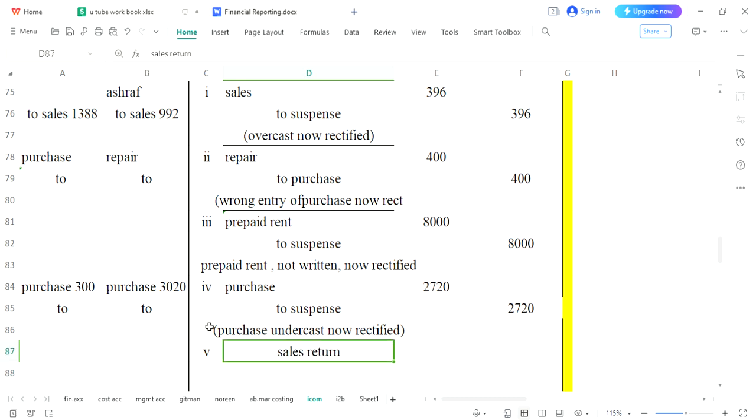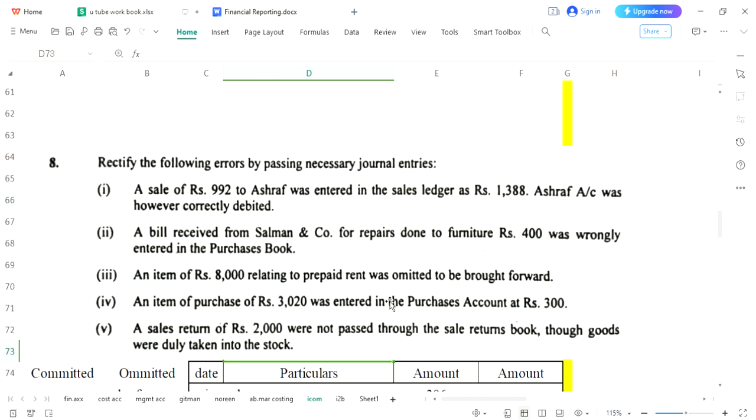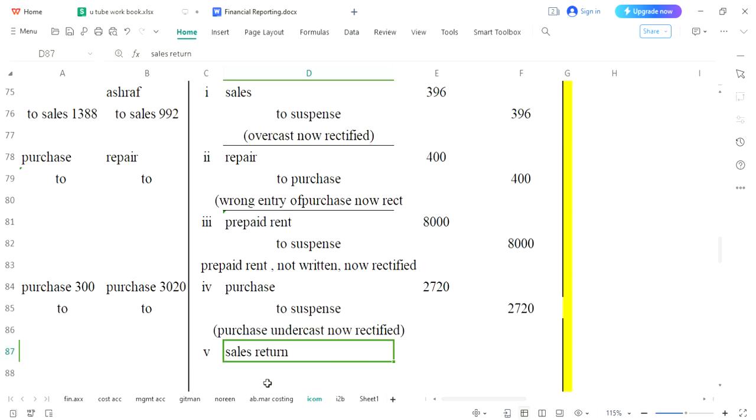So sale return was required to be written on the debit side. The mistake which we have done is what? Were not passed through the sale return book. It means sale return was required to be written on the debit side. We have not written it, and now we have written it on the debit side to rectify.